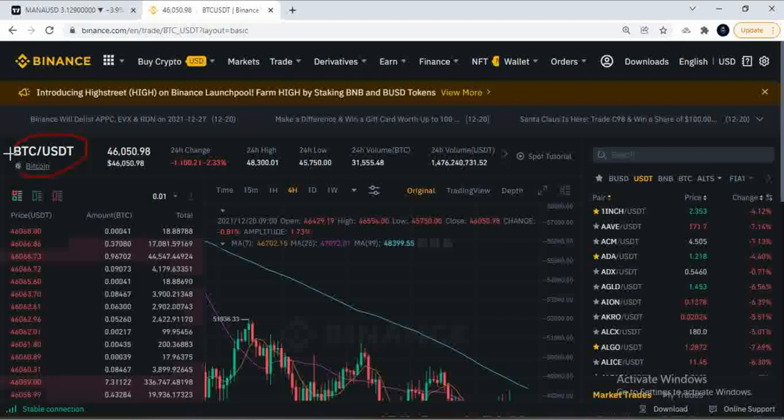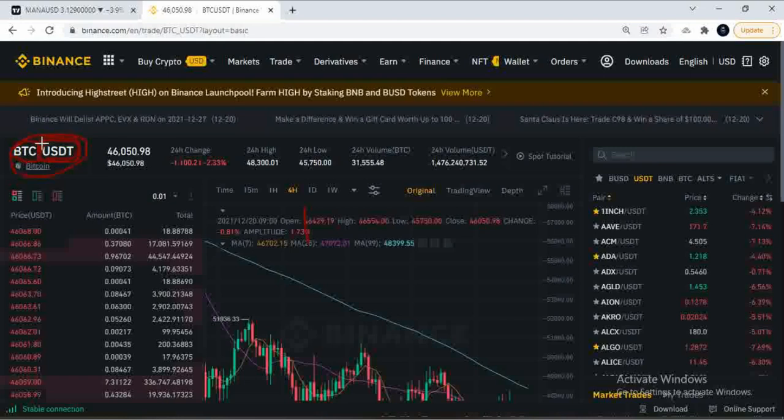So you have BTC USDT. We'll call it a pair because it's pairing a crypto asset against USDT. So, for example, you have this BTC slash USDT.